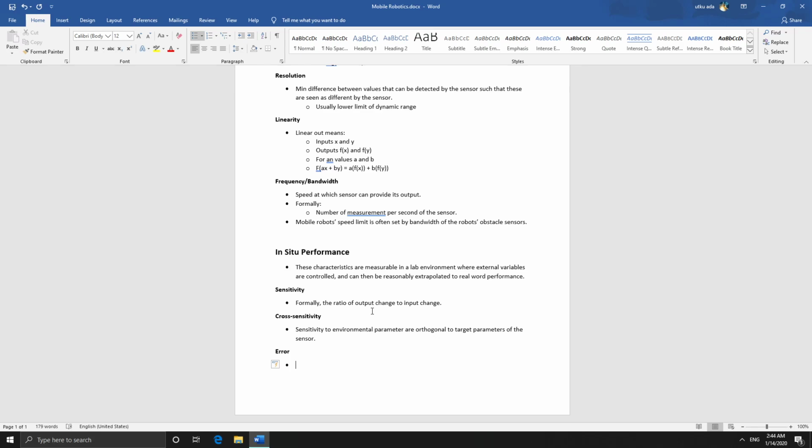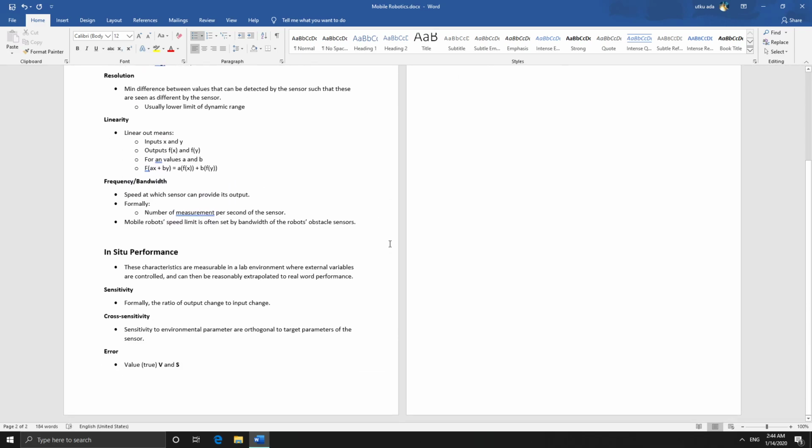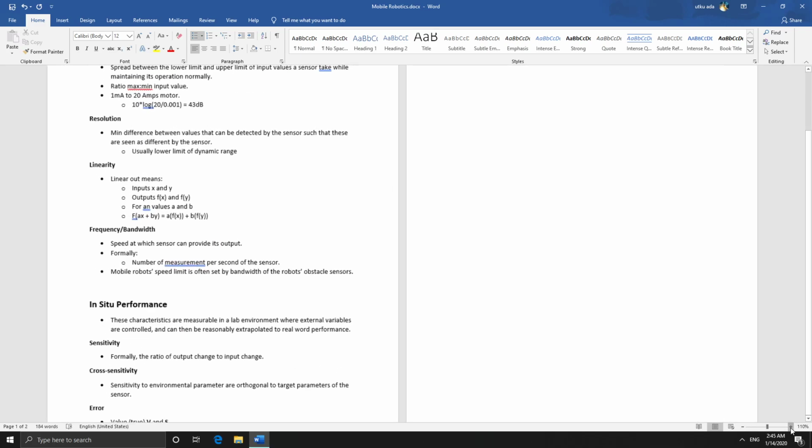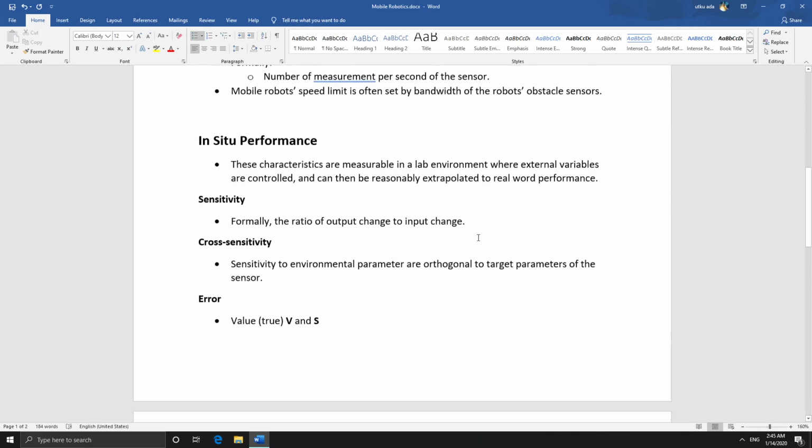So if we have a value that's true and measured, that we know is true, we call that V, and a value measured by the sensor, we can call that S. Then let me just zoom in.